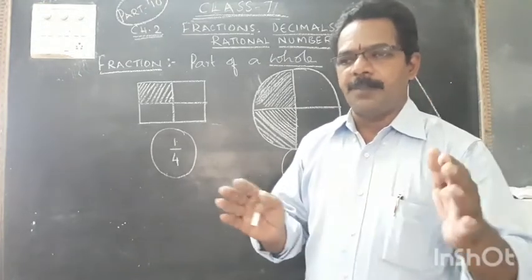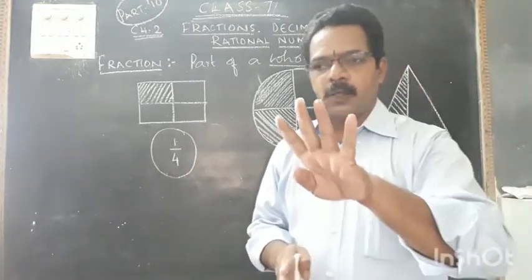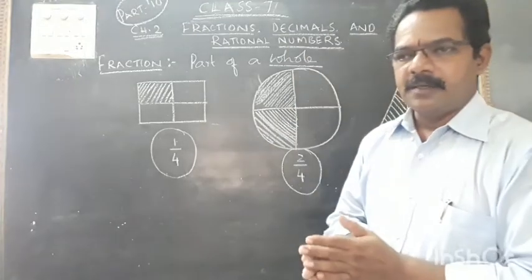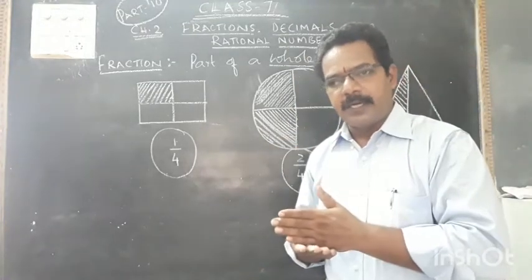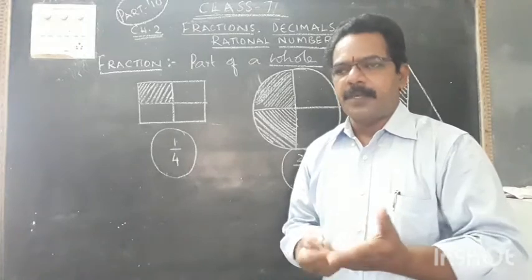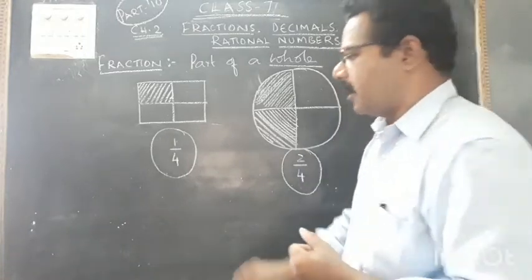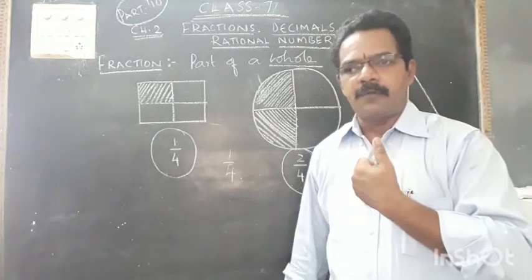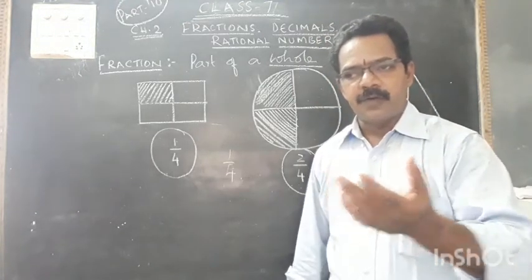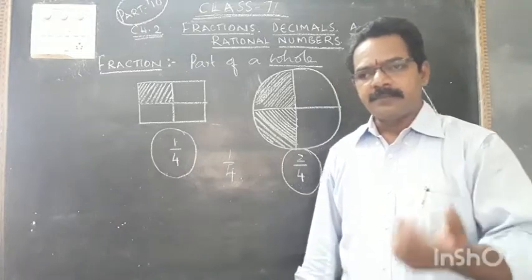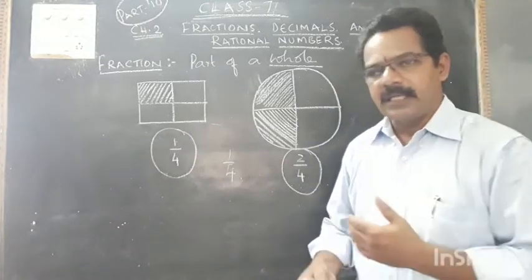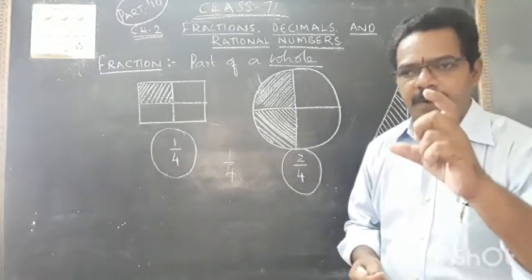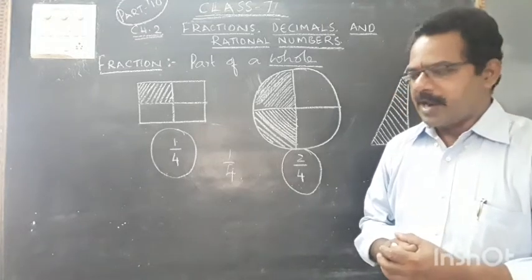Totally 4 parts we separated. We cut the total apple into 4 parts. That means each person, how many parts did they get? 1 by 4 of the apple. I got 1 by 4, you got 1 by 4, your friend is also getting 1 by 4. Like that, part of a whole is called a fraction.